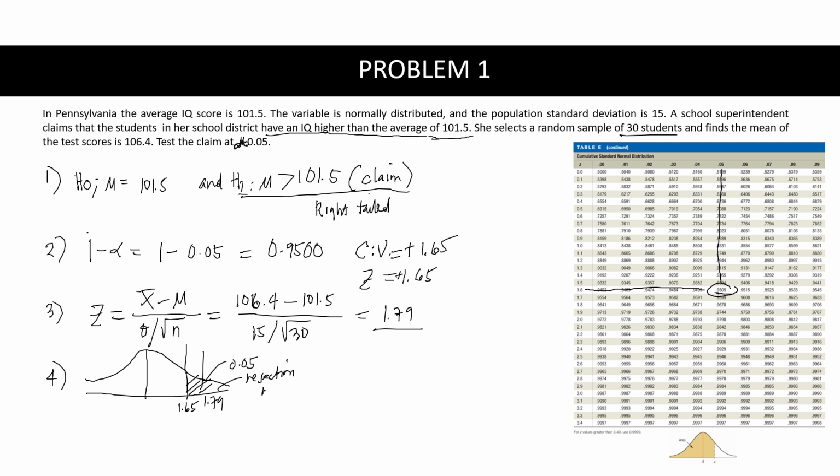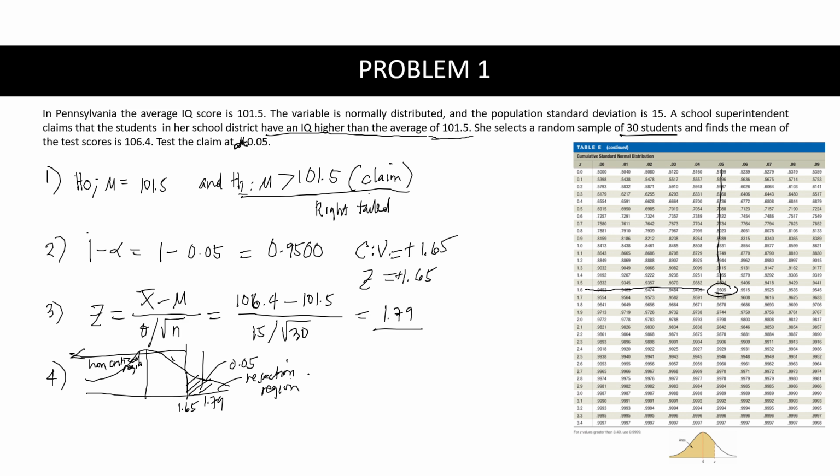So the test value is in the rejection region, not in the non-critical region. Therefore, we have to reject the null hypothesis.